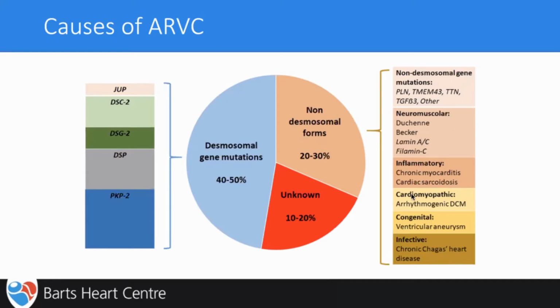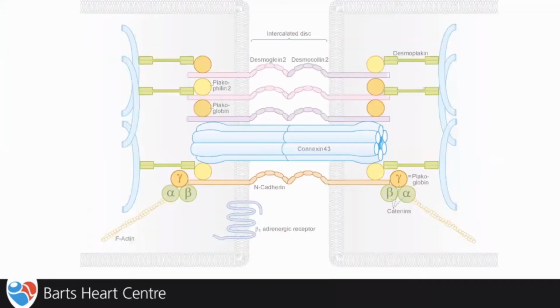More importantly, some inflammatory cardiomyopathies may produce a very similar phenotype to arrhythmogenic cardiomyopathy. And unfortunately, in about 10 to 20% of the cases, we don't have a specific cause, or we never find the diagnosis.